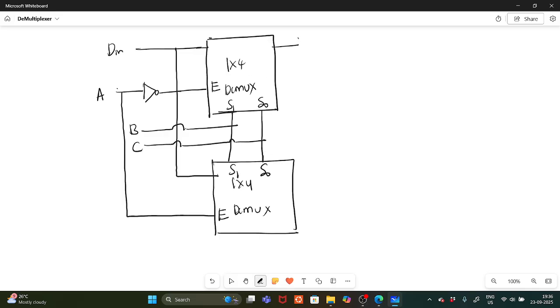How many outputs will you get? Y0, Y1, Y2, Y3, next Y4, Y5, Y6, Y7. So you can analyze like this. How many selection lines? S2, S1, and S0.